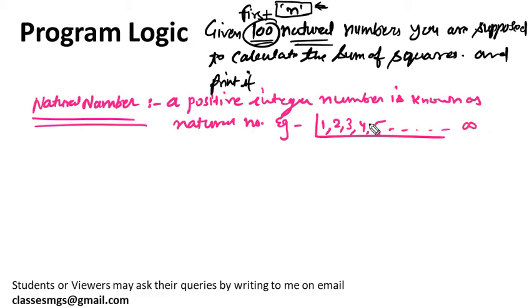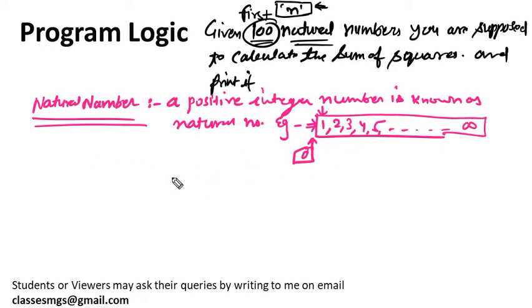It should not be a floating point number, it should be an integer, and it should be positive. We don't include 0 as a natural number. Sometimes we include it, but sometimes we don't. As per the definition, I am not going to include 0, because natural numbers start from 1.